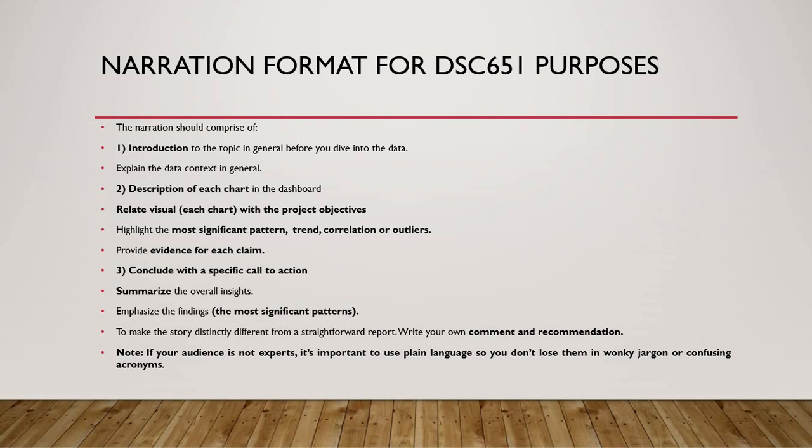Maksudnya kalau you kata menaik, kat mana dalam graf tu menaik? Kalau correlation, kat mana dalam graf tu menunjukkan correlation tu bila satu faktor A naik, B turun ke kan, kat mana? Okay, conclude with a specific call to action. Dan akhir sekali, you datangkan summary pada user you untuk persuade mereka untuk buat sesuatu action ataupun decision.